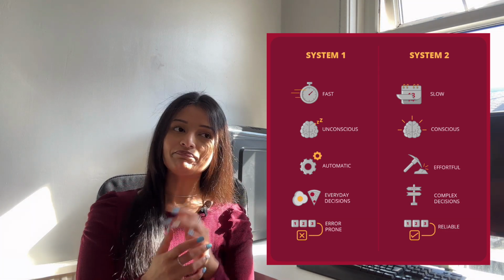Now, having understood what both of these systems are characterized as, many of us would feel as System 2 being more important the higher up you go in your educational learning or your educational journey. That is not always necessarily true, because both System 1 and System 2 are fundamentally important for our learning, right?